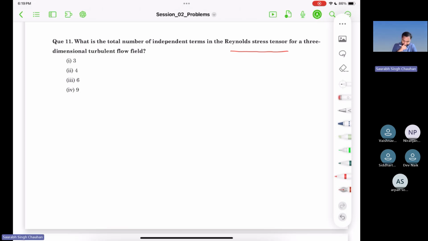Yes, for a three-dimensional flow field, there are 6 independent terms. Why? You know what the Reynolds stress term is? Maybe when we study RANS, then probably we will discuss.